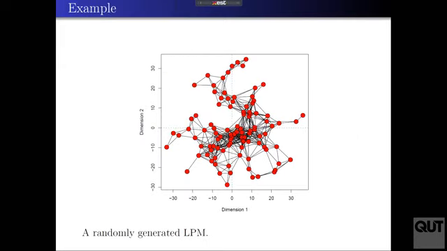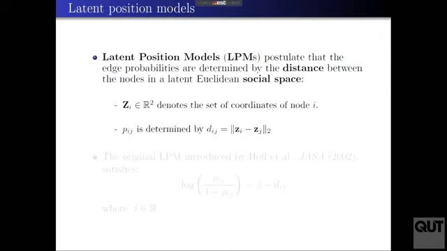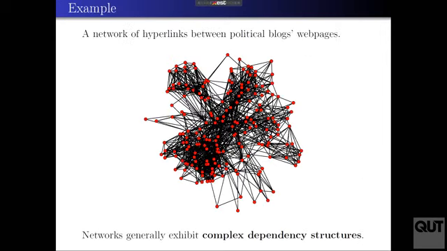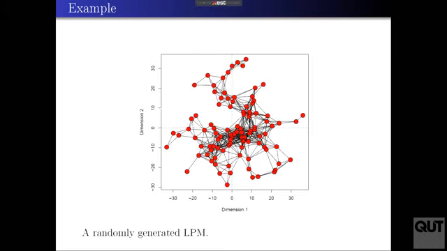Now, this is a simulated latent position model, and there's quite a strong message in this picture, because in some sense, the heterogeneity in the graph can be explained exactly by the latent positions. This is on purpose.